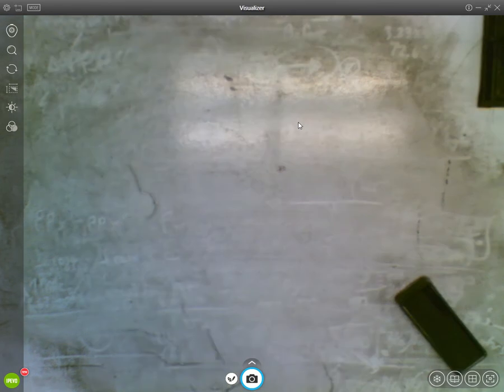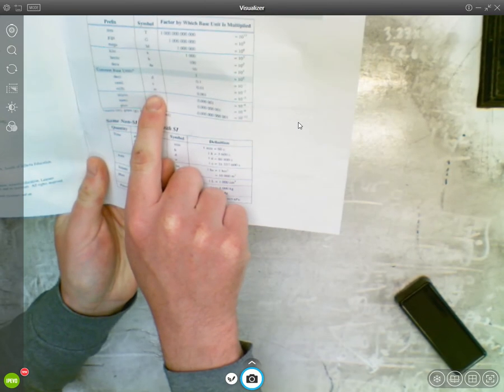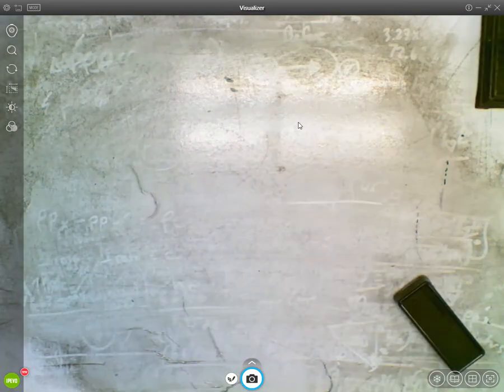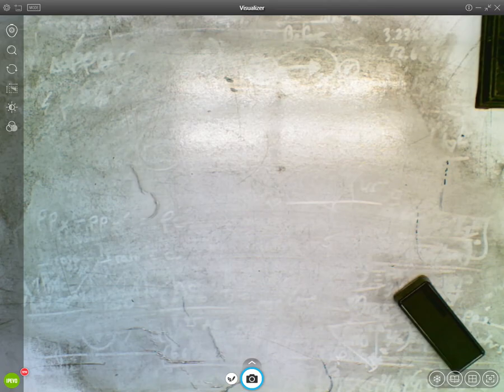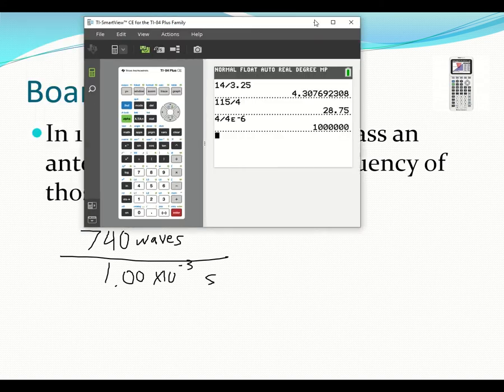If you open up to the very first page, it shows that little m, milli, is the same thing as times 10 to the negative 3. So instead of saying milli, we can say it's 1.00 times 10 to the negative 3 seconds. So that's how you convert that milli there.